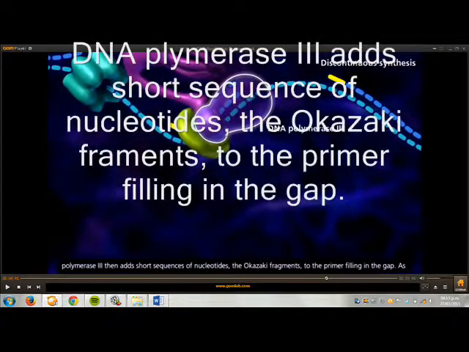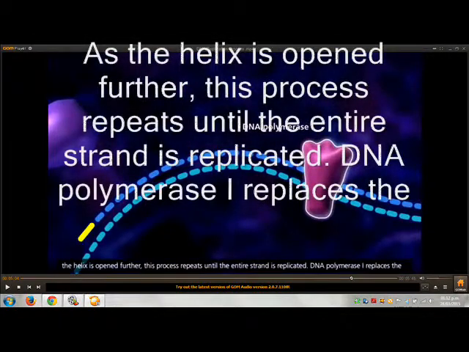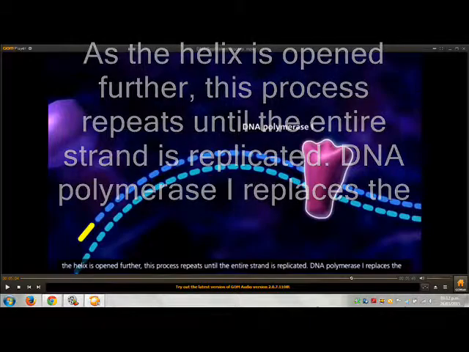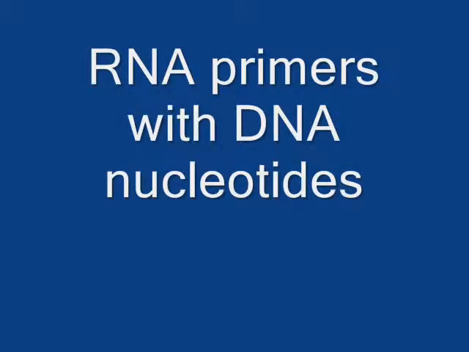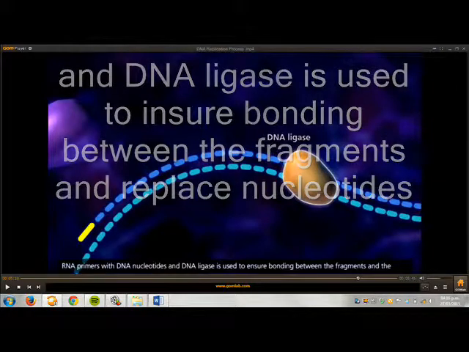DNA polymerase III adds a short sequence of nucleotides, the Okazaki fragments, to the primer, filling in the gap. As the helix is opened further, this process repeats until the strand is replicated. DNA polymerase I replaces the RNA primers with DNA nucleotides, and DNA ligase is used to ensure bonding between the fragments.